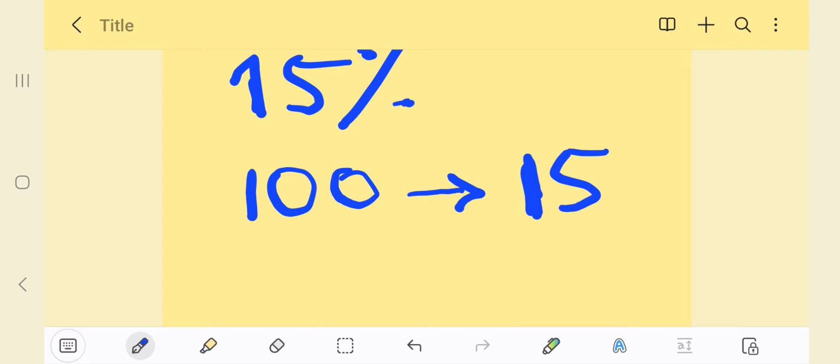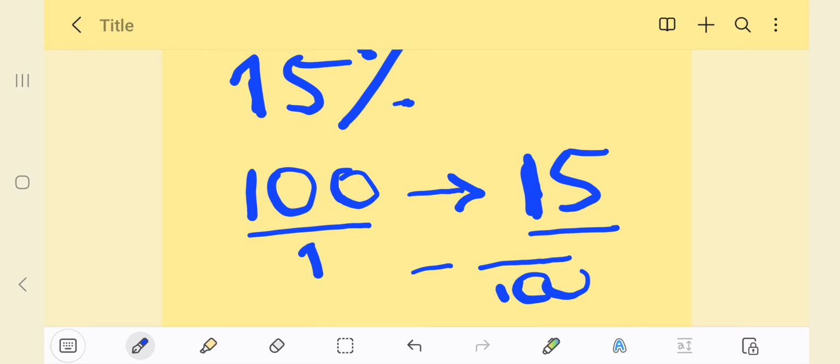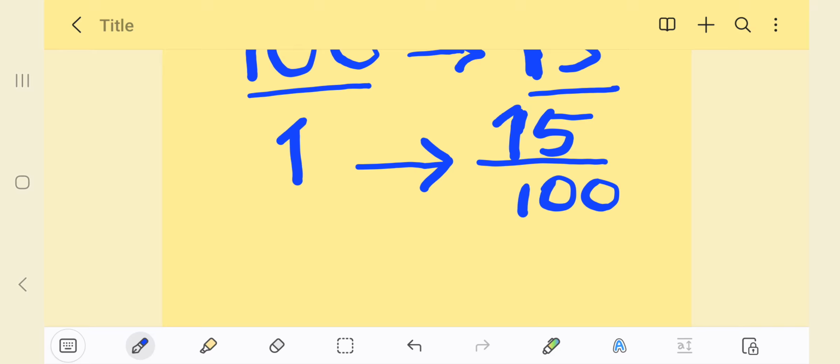15% means that if the original price is 100 euro, then we get a discount of 15 euro. Then if the original price is only 1 euro, of course we get less discount, which is 15 divided by 100. I think you understood that if the price is only 1 euro, then our discount value will be very small.